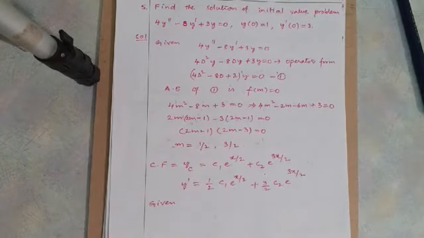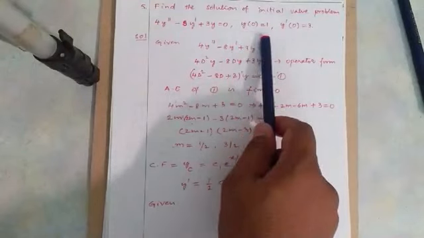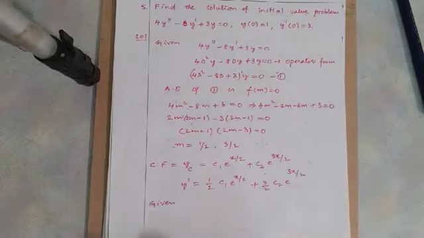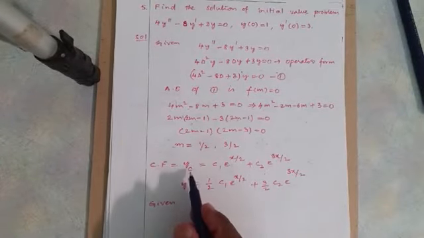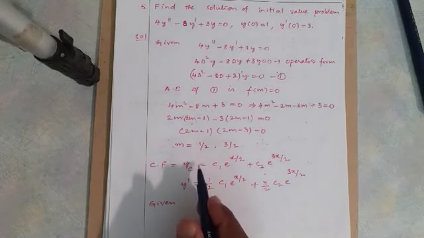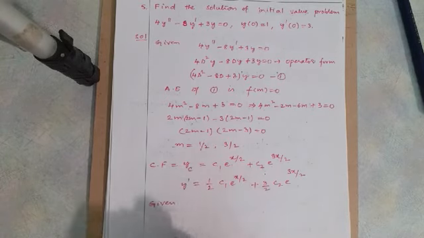What are the initial conditions given here? y(0) = 1, y'(0) = 3. So here yc is nothing but y we consider. So when you substitute y(0), in the place of x we are substituting 0.